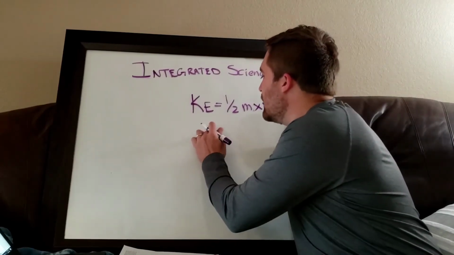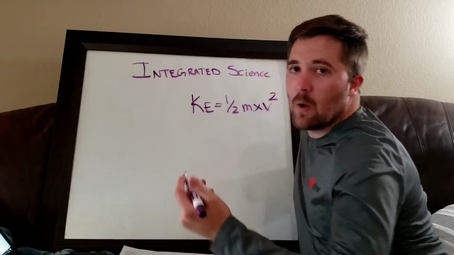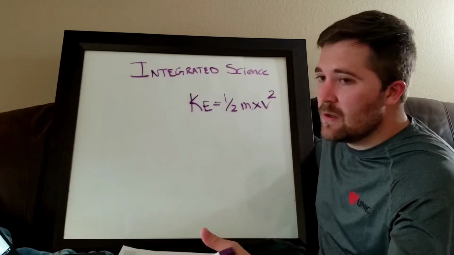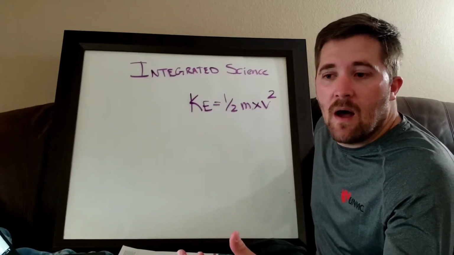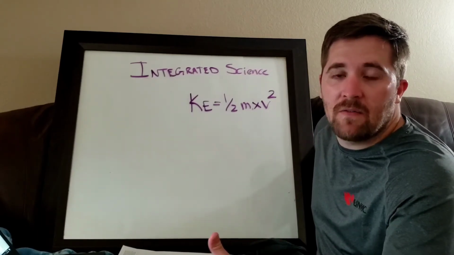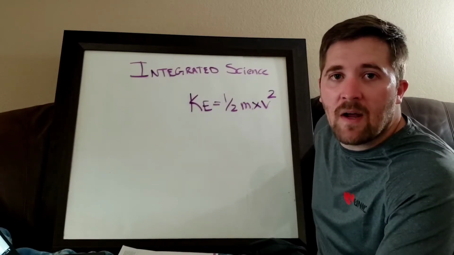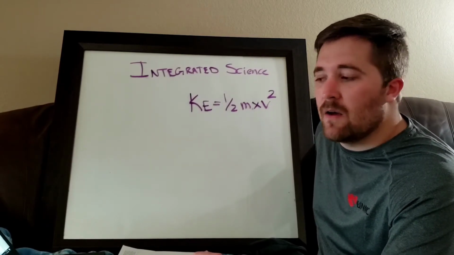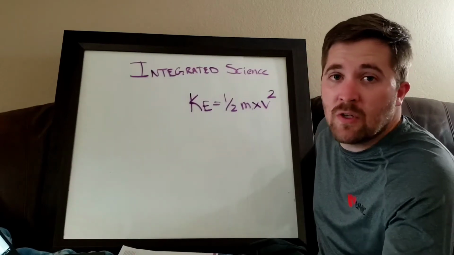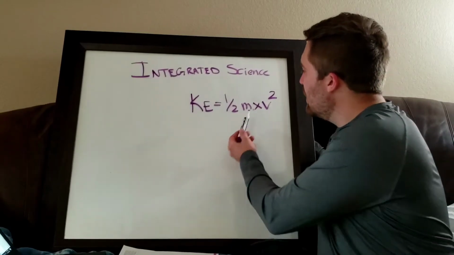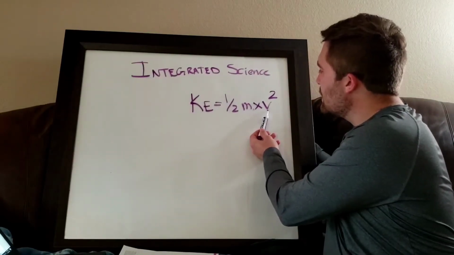I'm not going to go over these because you guys should be able to. The question will ask you specifically, find the kinetic energy of this car if it's going 30 miles an hour and has a mass of 2,000 kilograms. You should be able to plug those in and find the kinetic energy. It's pretty easy, right? Plug in 2,000 here, plug in 30 meters per second.